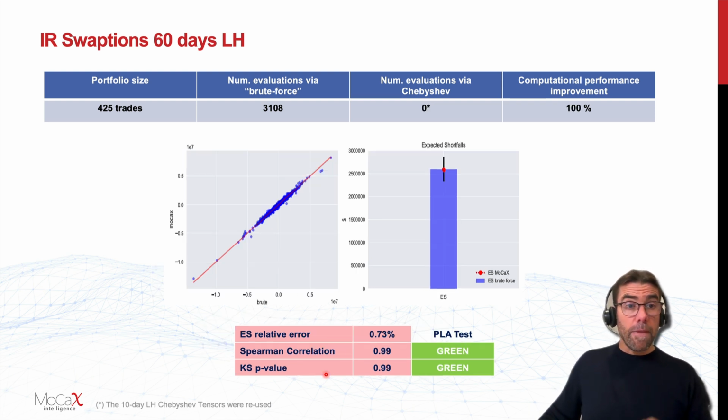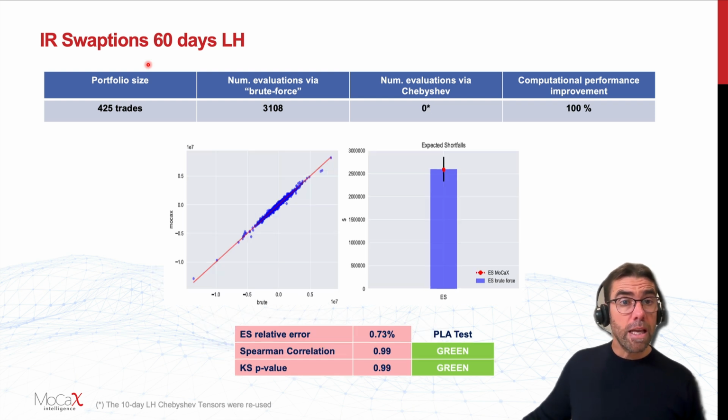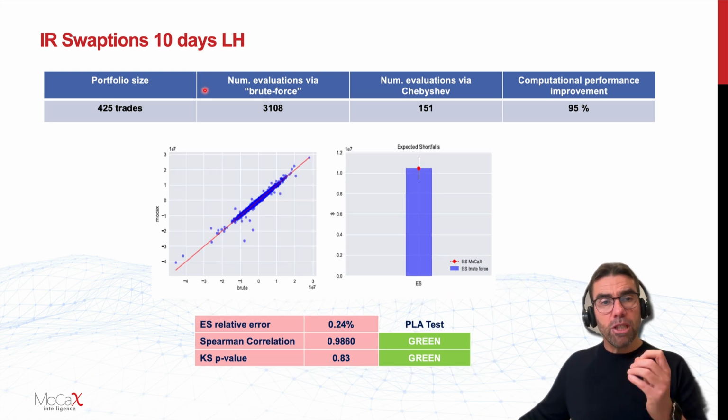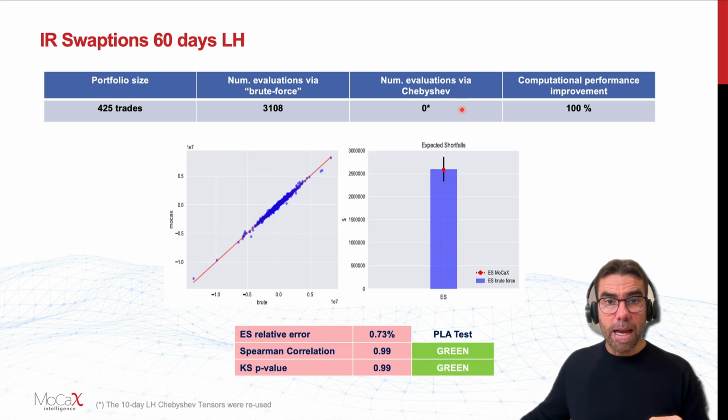And then we went to the options, but instead of using a 10 day liquidity horizon, here now we use a 60 day liquidity horizon. We do that calculation. And for us to do that, we use the same Chebyshev tensors that we calibrated here. So in this case, the number of evaluations via Chebyshev was 0.